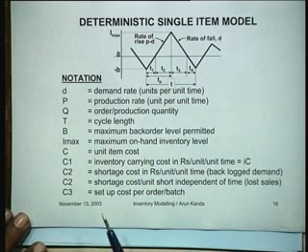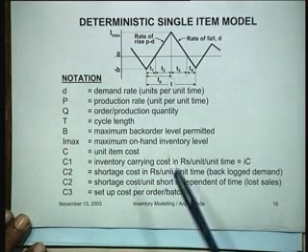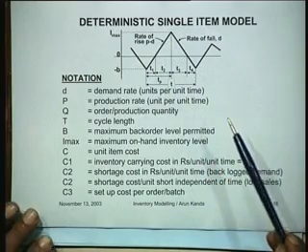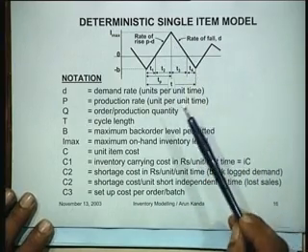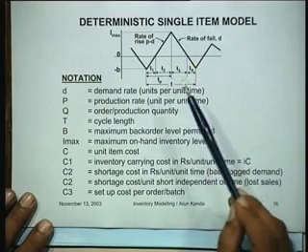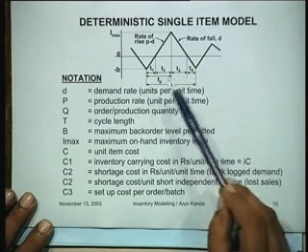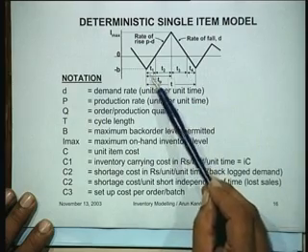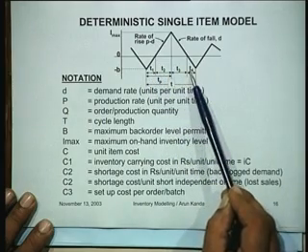A procedure very similar to this would then be applicable to find any general lot size for a given situation. So we look at this cycle. What do you find in the cycle? You find that the cycle has 4 essential times. We call them T1, T2, T3 and T4.